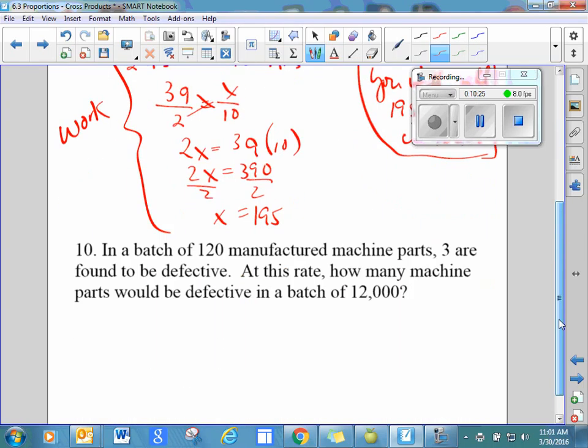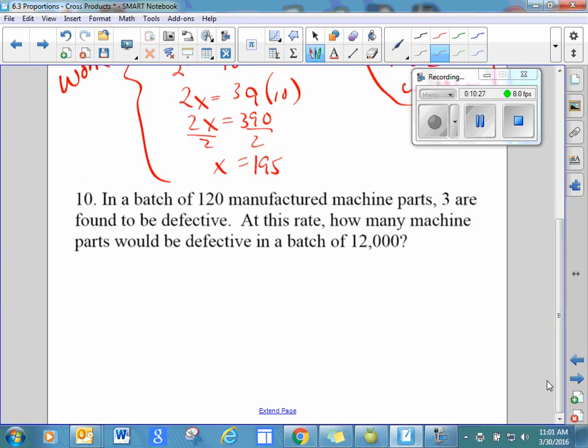Let's look at number 10. See if I've got the same thing. I have a different number 10 than you do. Your 10 is my number 9. Okay. So, in a batch of 120 manufactured parts, 3 are defective.